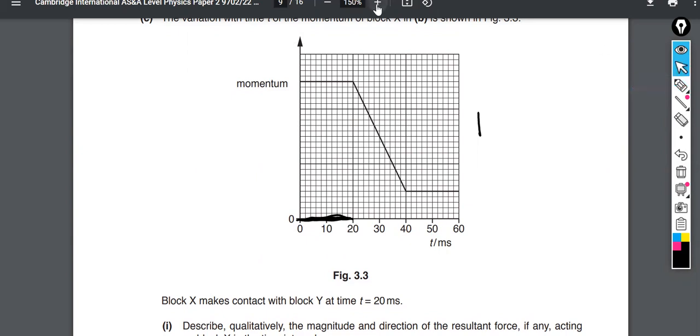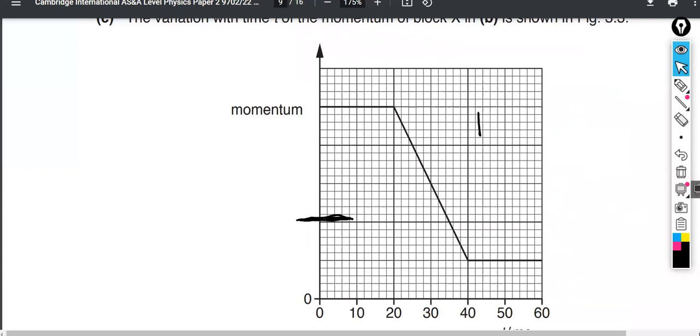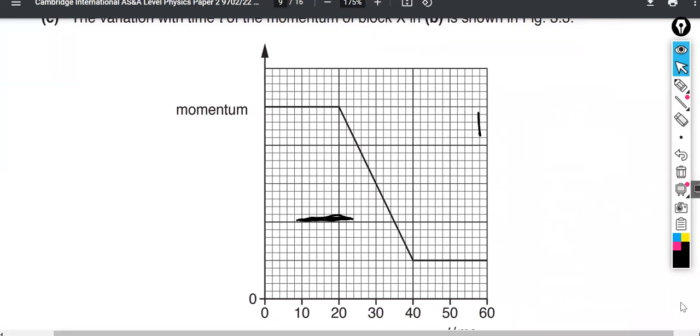Let's actually do this. Let's zoom in on this so we can see the gridding in the graph paper a little bit more clearly. So we know that the block Y would have 0 momentum initially for the first 20 milliseconds. And then here is where they make contact. You could note that block X, whose momentum is represented by this line right here, drops down 1, 2, 3, 4 of these, not the large squares, which would be here to here, but the half of those large squares.